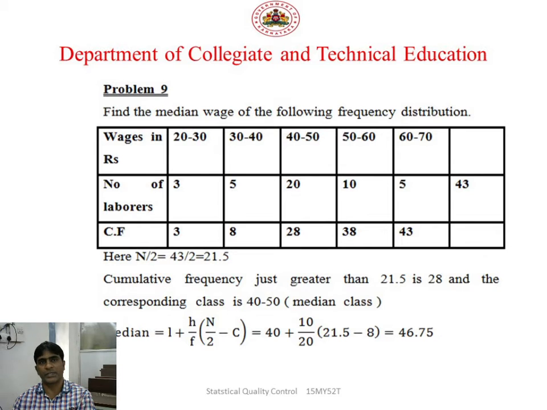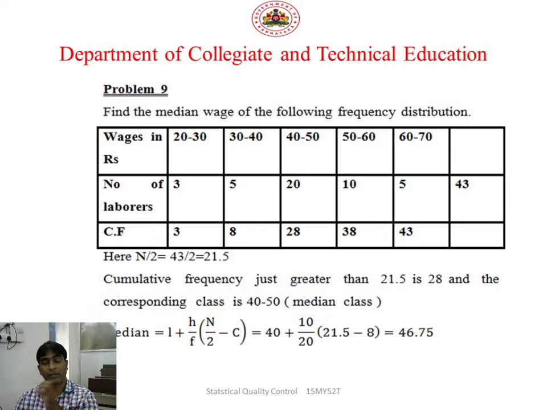Then we note the corresponding class interval, which is 40 to 50.